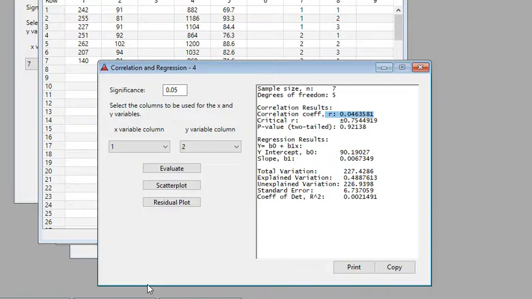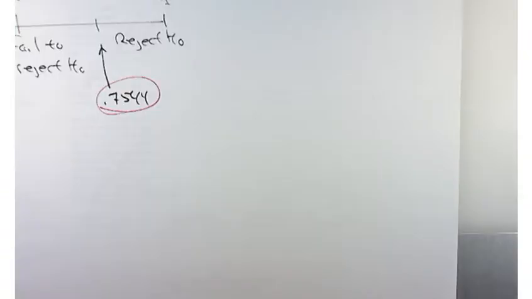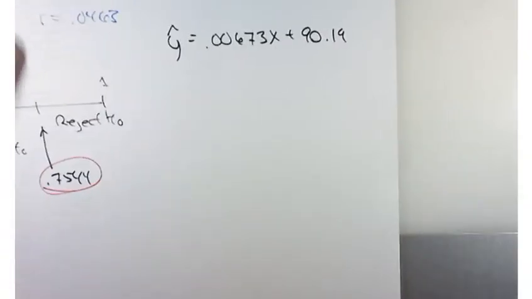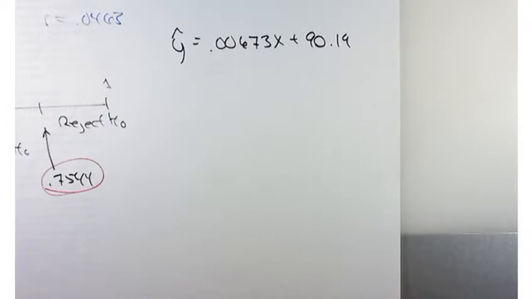Our model is y hat equals 0.00673 x plus 90.19. So just using these two values here for your slope and your intercept, or right here.